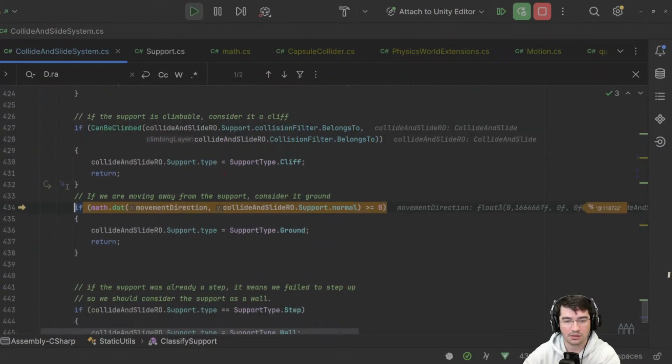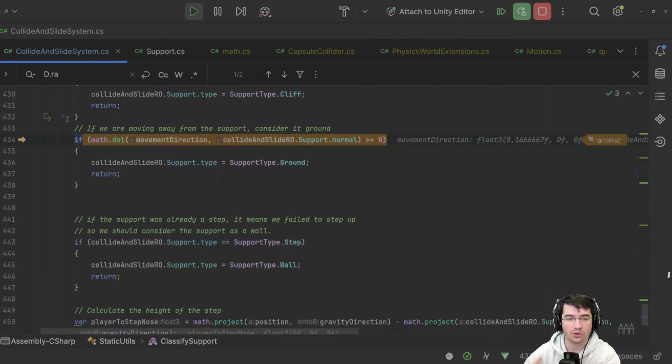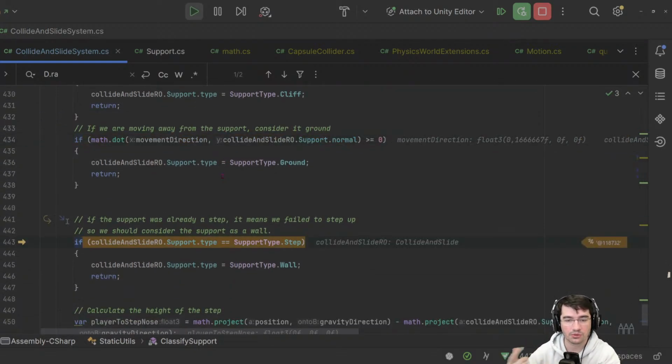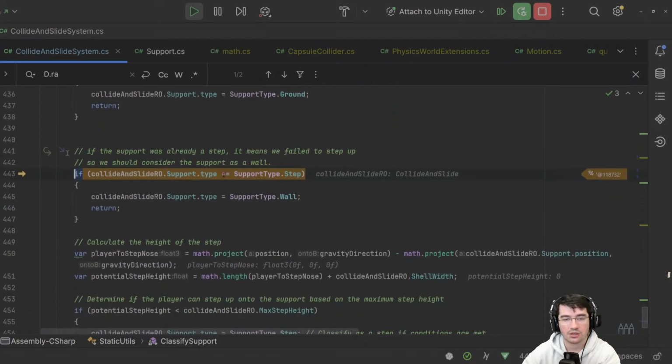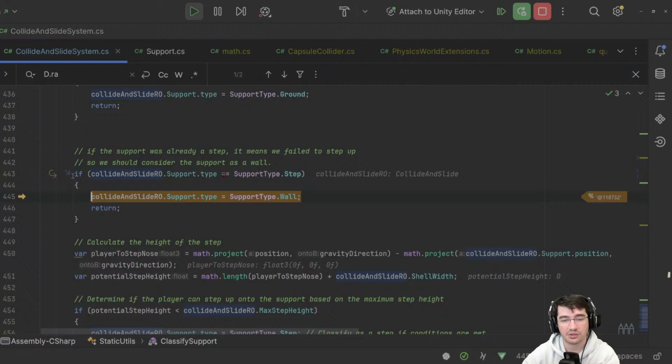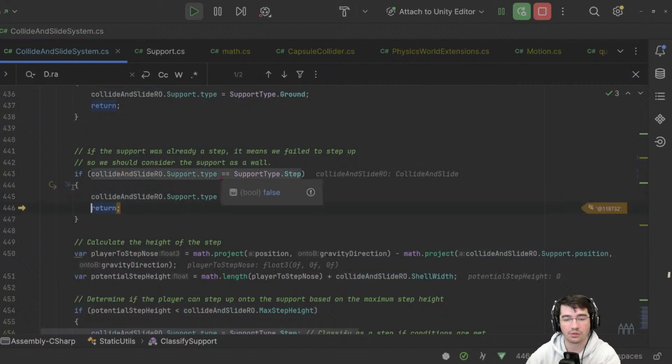It cannot be climbed. It's not going away from me, no. So I'm not stepping down something. The previous one was a step, so it can't be a step, then it's a wall. And that's why I'm moving sideways.